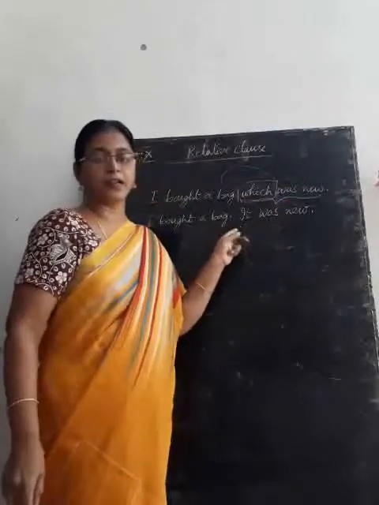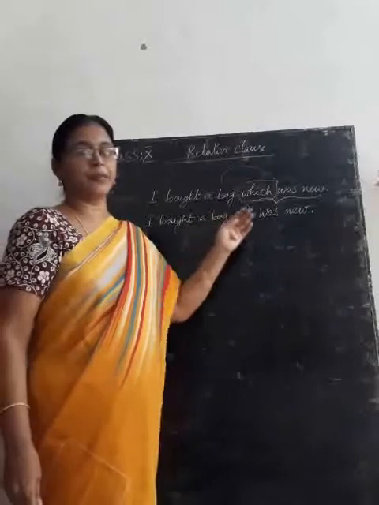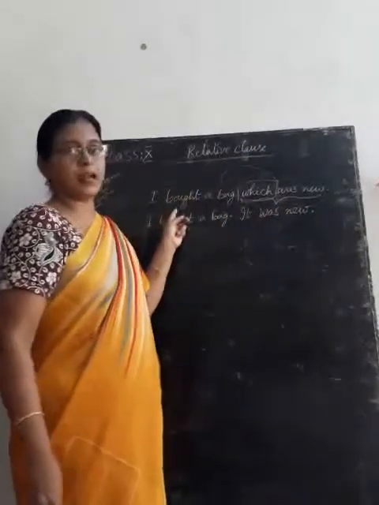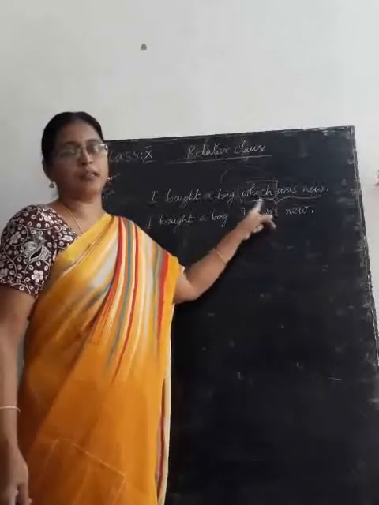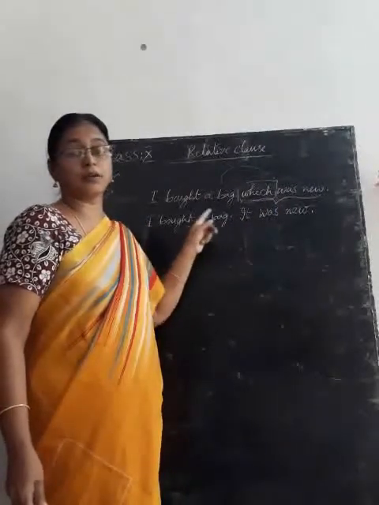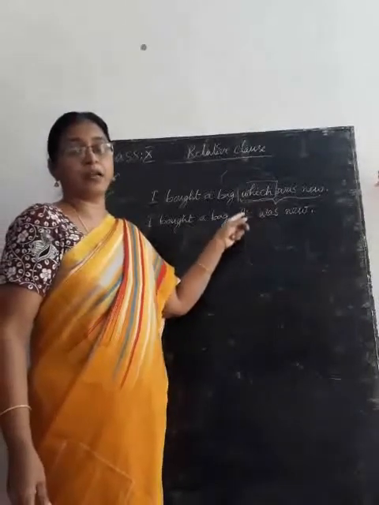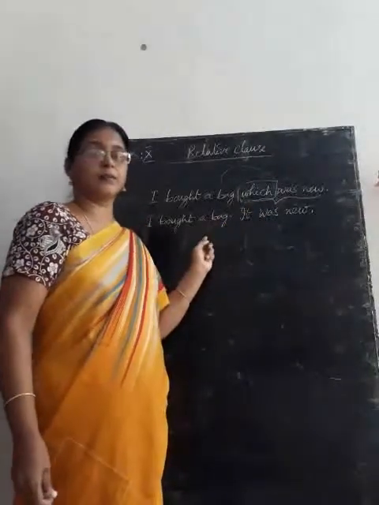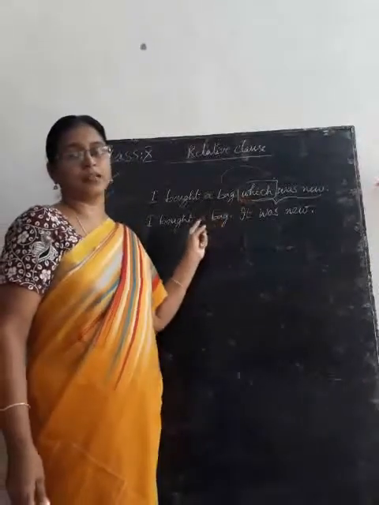What is subordinating clause? It doesn't give complete meaning, it gives some meaning, but to give complete meaning it depends on the main clause. As I told you before, adjective clause is also called relative clause, and they are subordinating. Relative clauses are subordinating clauses that describe a noun or a noun phrase.